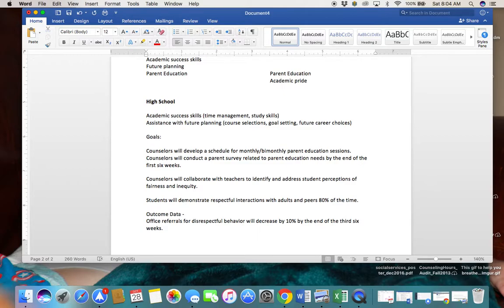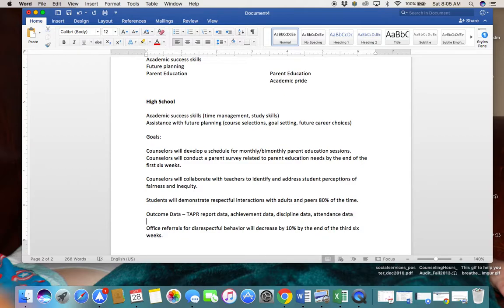So that can be your assessment, like your TAPER report data, achievement data, that was the word I was looking for, discipline data, attendance data. Those would be examples of outcome data.